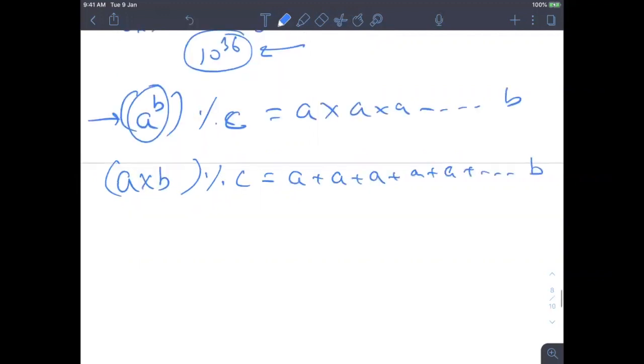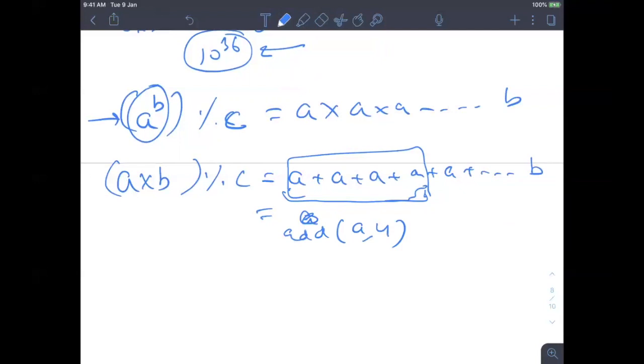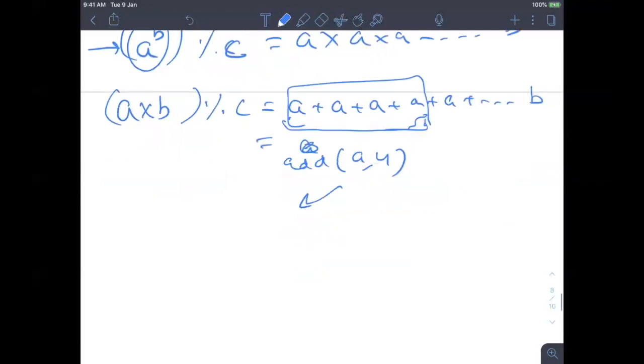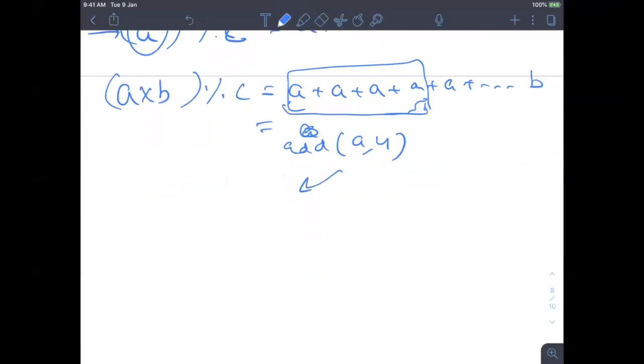And now the question becomes simple and the same. Basically, if I have some function to calculate this, something like add a, b times. Earlier it was a multiplication function to find the formula for a to the power b; now I will use this add function, add a comma 2.